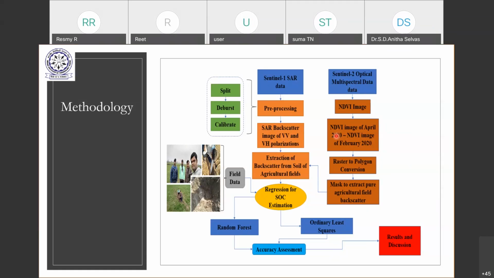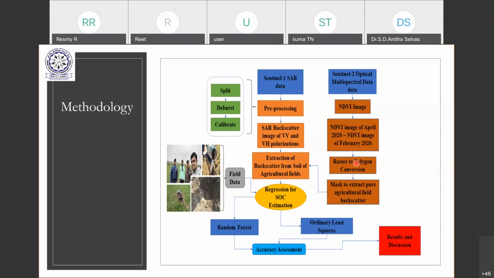So we estimated the organic carbon content only over the open agricultural fields, because if you use the entire data, then the areas which are not directly related to organic carbon content, that is urban areas and heavily vegetated areas, will induce a lot of error into the modeling.